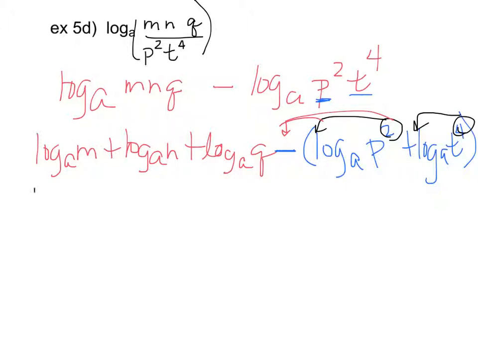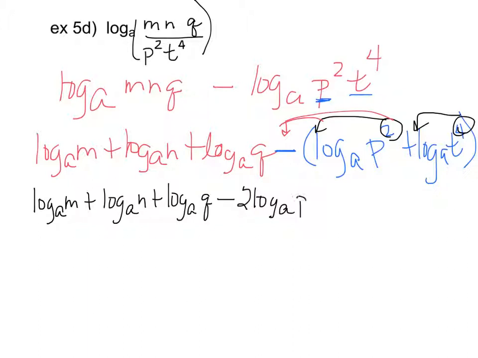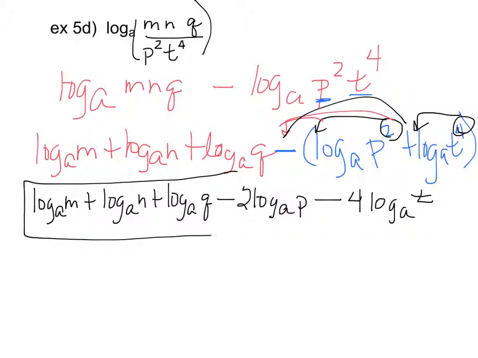So for that front part, we still just have log base a of m plus log base a of n plus log base a of q minus 2 log base a of p minus, because remember we're distributing, 4 log base a of t. And that, ladies and gentlemen, is our final answer.